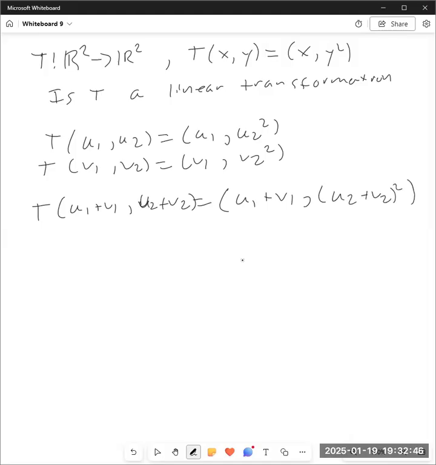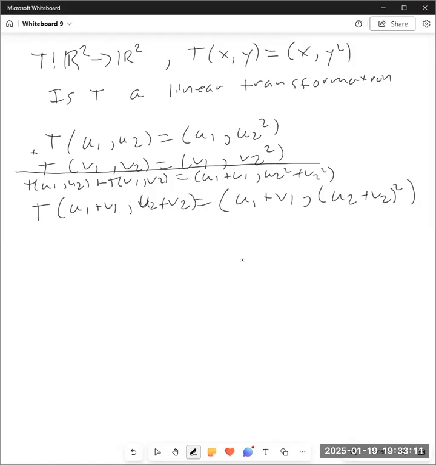If I wanted to add these two together, T of u1, u2 plus T of v1, v2 would be equal to u1 plus v1, comma, u2 squared plus v2 squared.